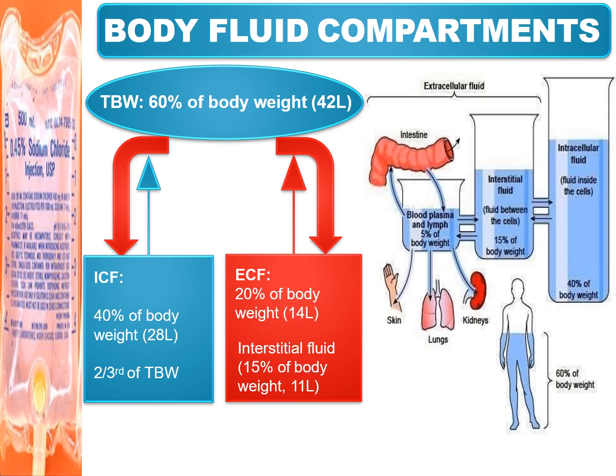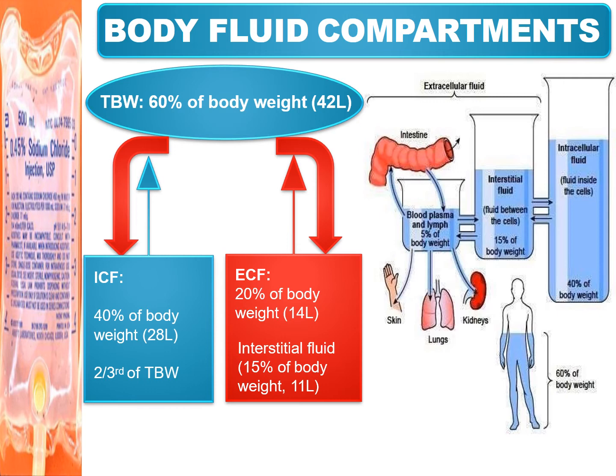Here this 15% of the body weight, the interstitial fluid, is in equilibrium with the body plasma and lymph, that is 5%. So this extracellular fluid, 20% of body weight, is divided further into two, 15% and 5%.